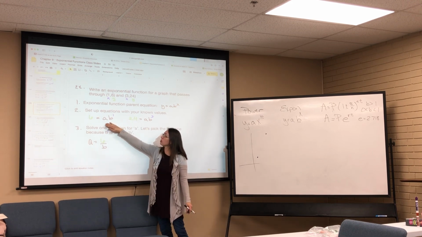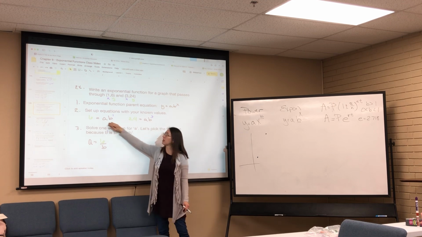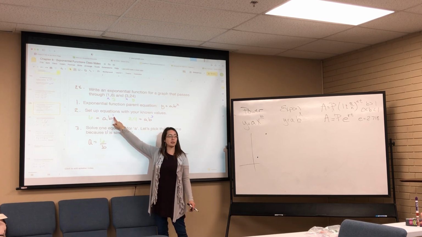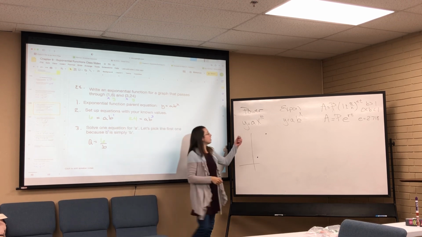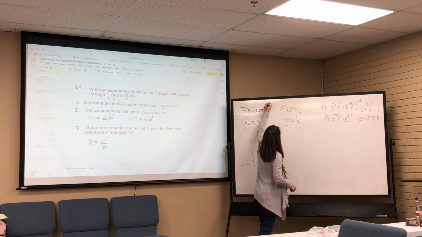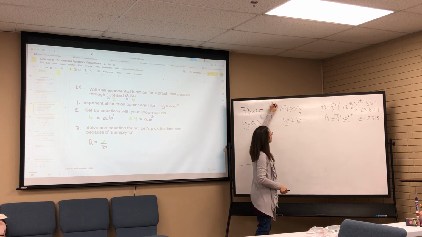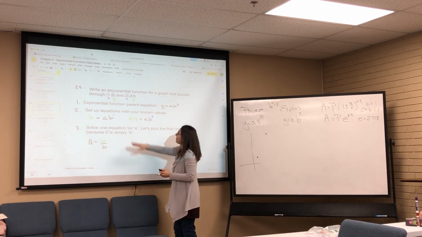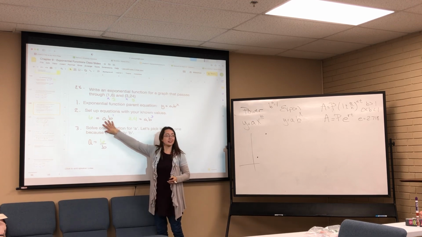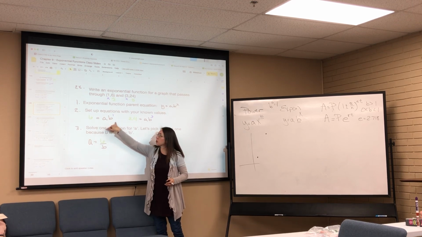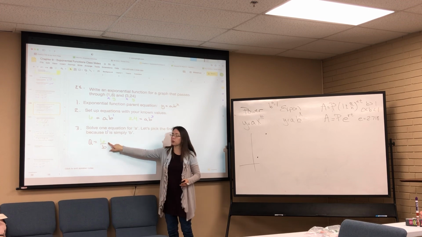So the easiest one to rearrange, if I'm looking at both of these, b raised to the 1 is simply what? 1 or b. Yeah. Okay, that is something to know. Anything raised to a 0 is 1. Okay? So this one, I'm saying this one's pretty simple. I'm going to solve for a. So we just rearranged a, and we've got a is equal to 6 over b.